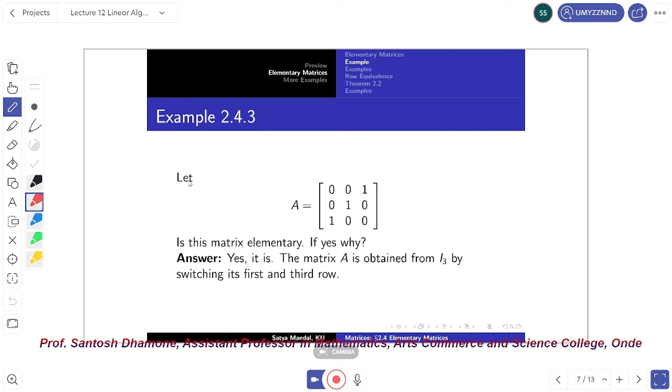Is this an elementary matrix? This is the matrix obtained from I3 when the third row is in the position of the first row.